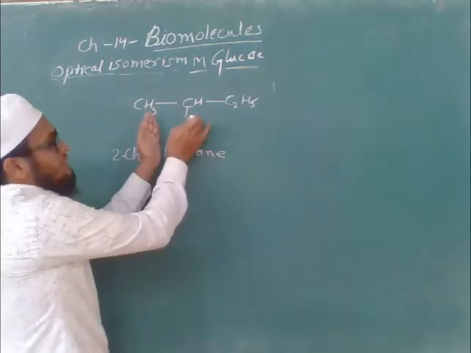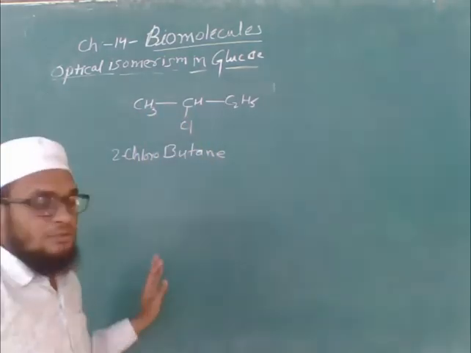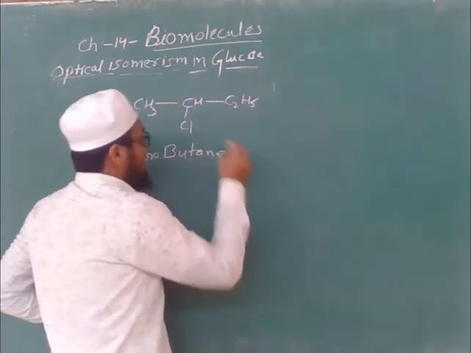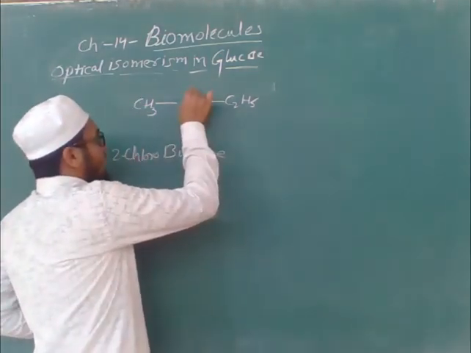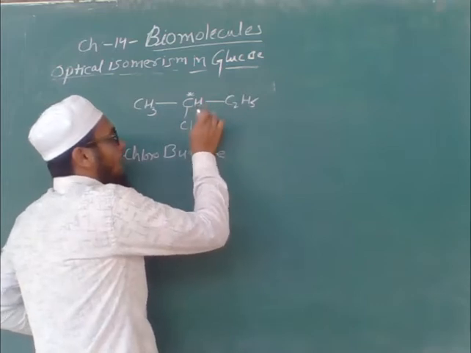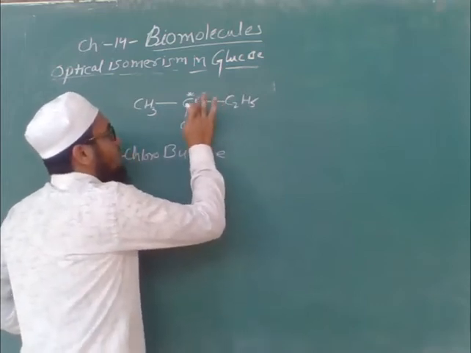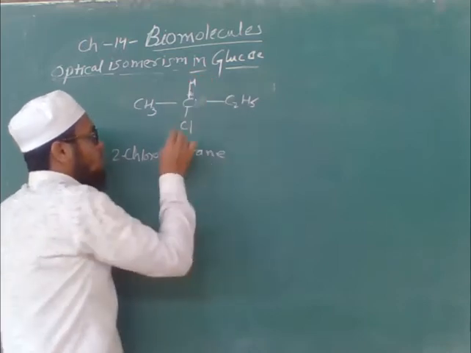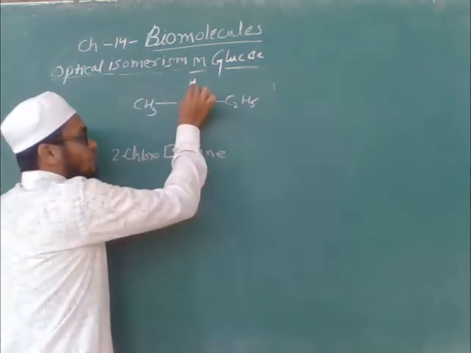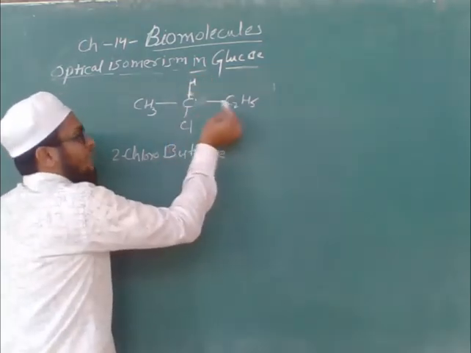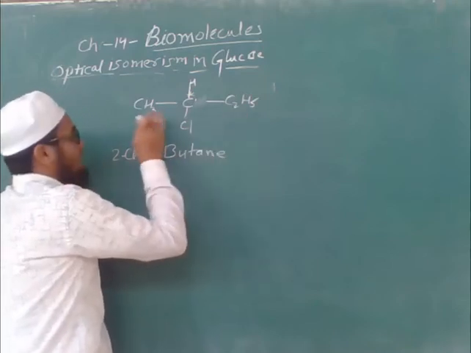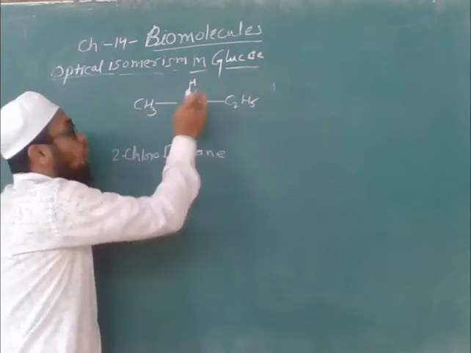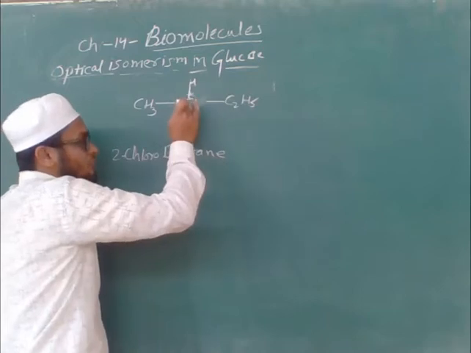So we'll draw this structure in 3 dimensions. How will it look? Look at this. This carbon has 4 different atoms attached to it. On this side it has hydrogen, on this side chlorine, on this side the ethyl group, and on this side the methyl group. So 4 different atoms or groups are attached to this carbon.